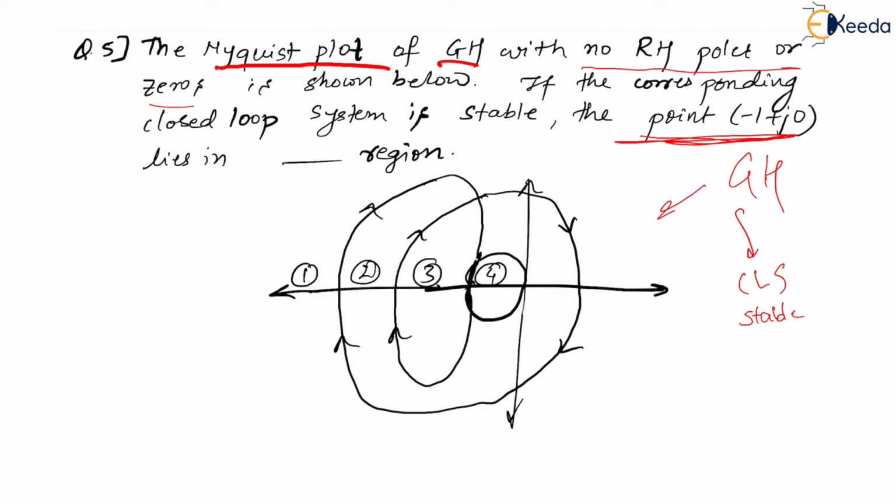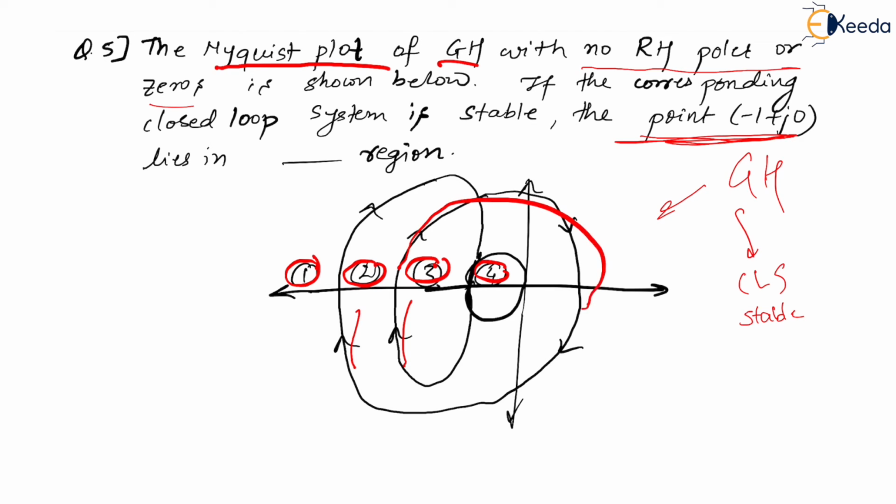So there are a few regions: first region, second region, third region, and fourth region. You have got 1, 2, 3, and 4, right? If you think of the first and second regions, those are the regions which are beyond infinity radius, because this is infinity radius and this is also infinity radius, if you observe, right?